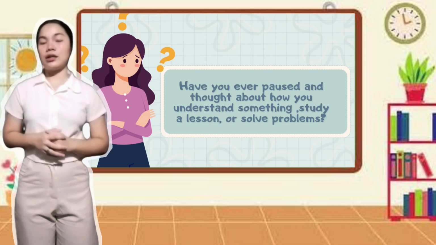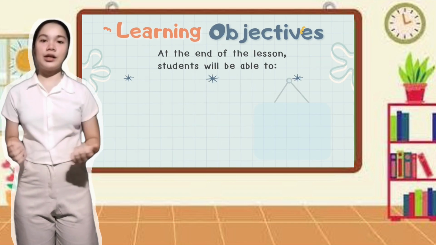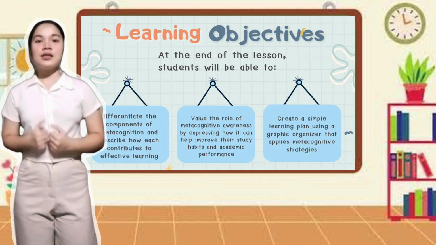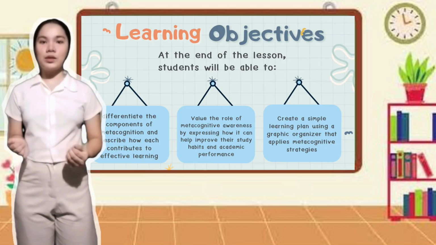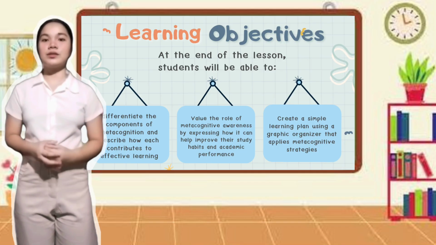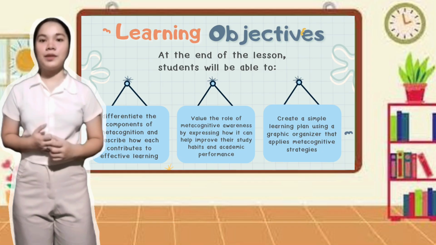And to formally start our discussion, let's have first our learning objectives. At the end of the lesson, students will be able to differentiate the components of metacognition and describe how each contributes to effective learning for the cognitive domain.